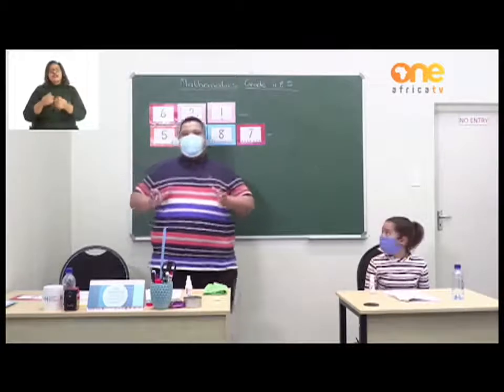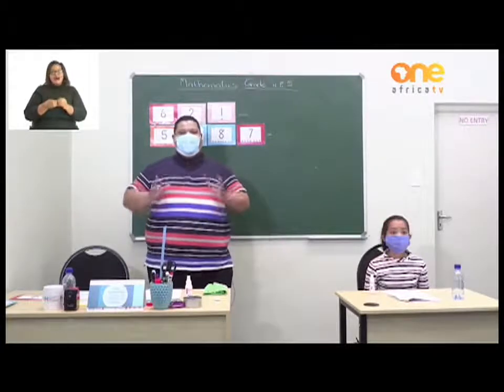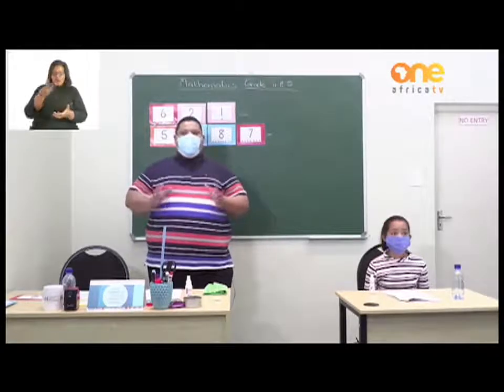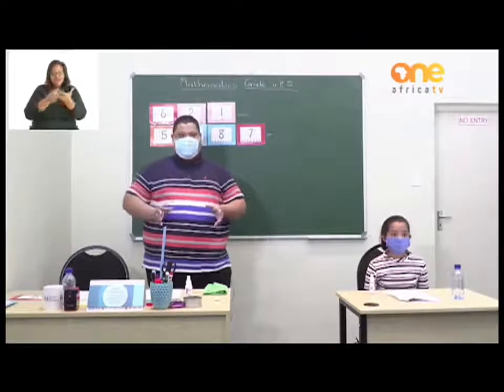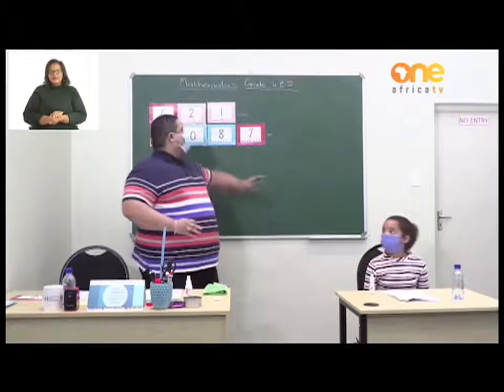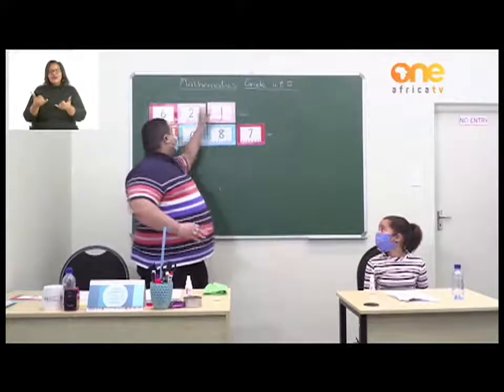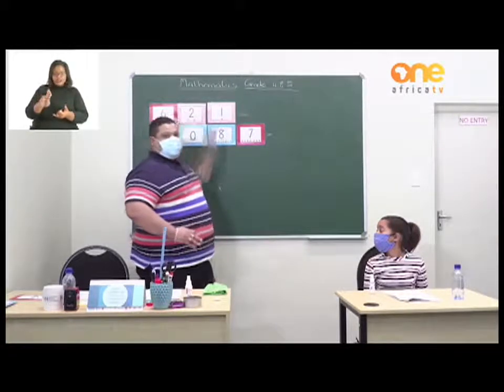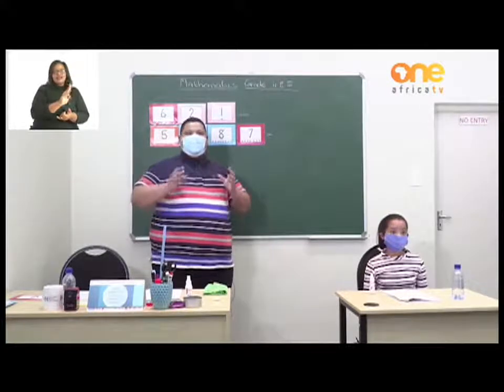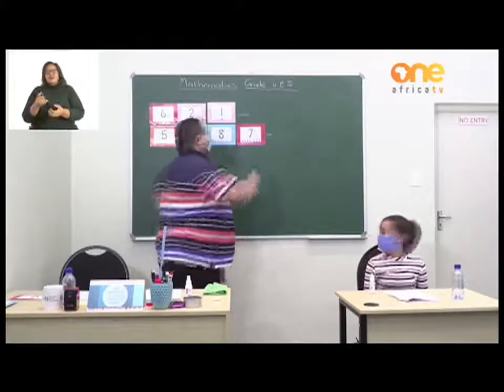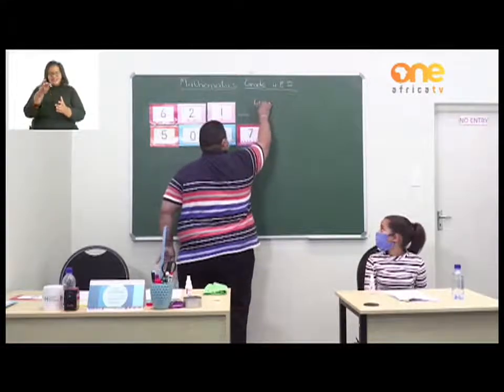The first number we're going to write in its value is the 6. Now we need to find out what is the value of the 6. Going back to place value, we know the 1 is a unit, the 2 is a 10, and the 6 is a 100. And according to the place value, that 6 value is 600.